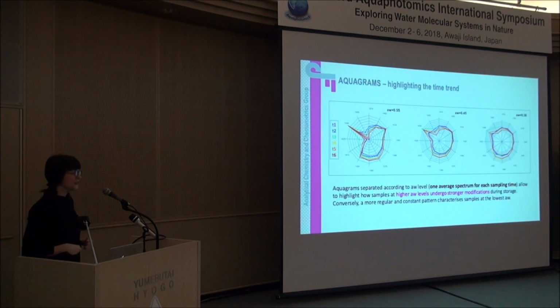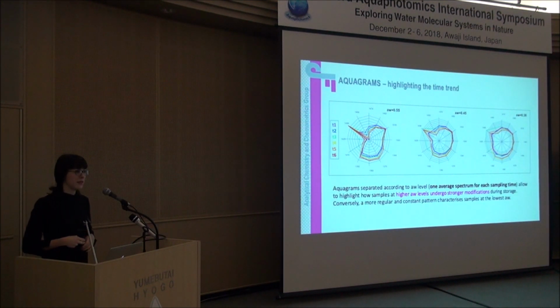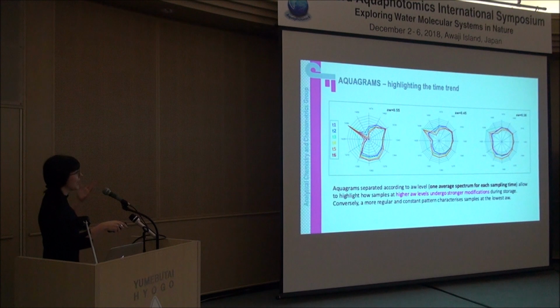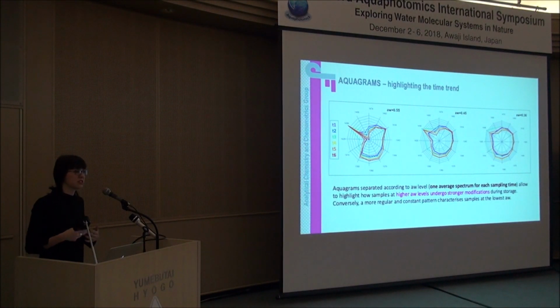In this slide, which you already saw in the presentation of Professor Chenkova the first day, what we made is to separate the water activity and see the behavior of the water activity along the 6 times. So here it became very evident that at 0.36 of water activity, we have a behavior that does not change a lot.